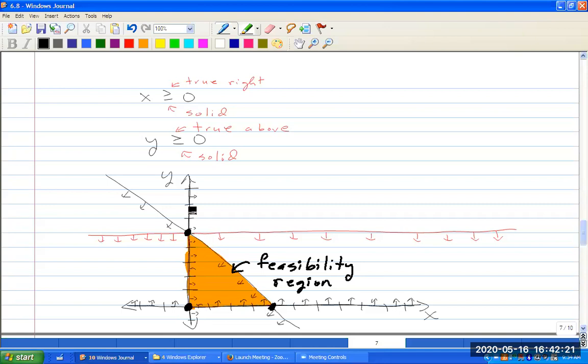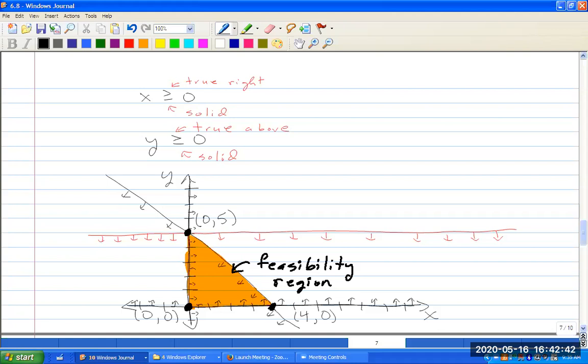So let's look at these 3 points. Let me say what they are. This is 0, 5. This is 0, 0. And this is 4, 0. So there's really 4 numbers I have to look at.